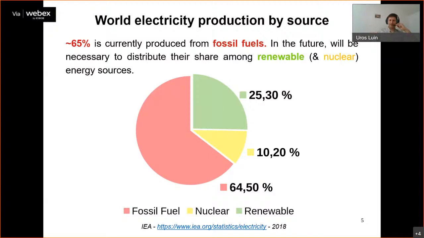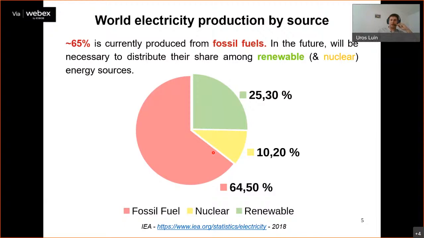So if you think a little bit, what are fossil fuels and what are renewables? Renewables are basically the energy that is coming from the sun to our planet. It could be direct sun irradiation. It could be the movement of air or water masses. And what are fossil fuels? Basically, they are also products of the sun, but unfortunately the formation went on for millions of years, and we exploit them in a too fast way.